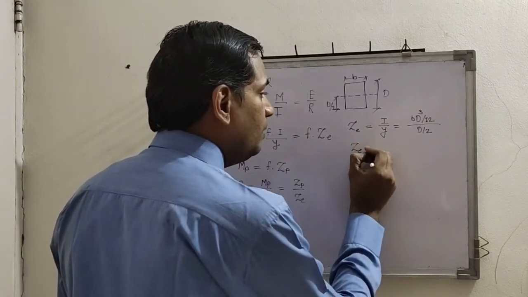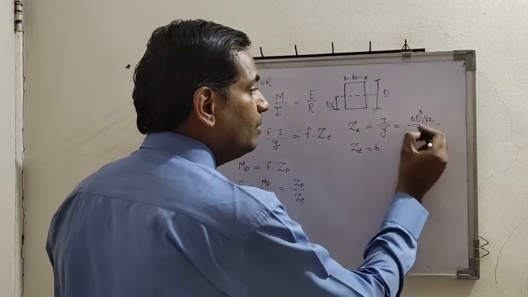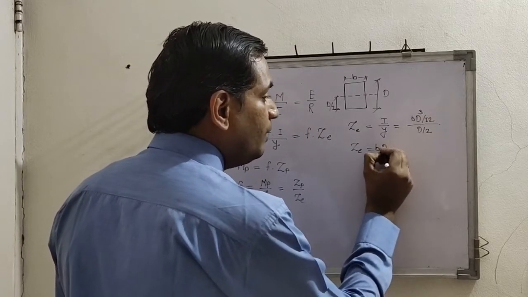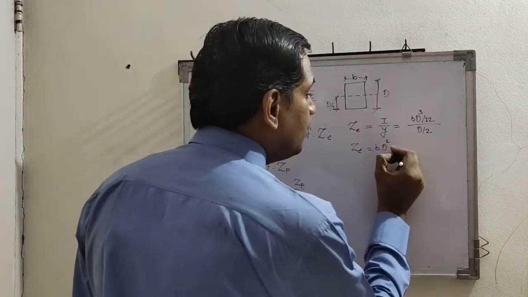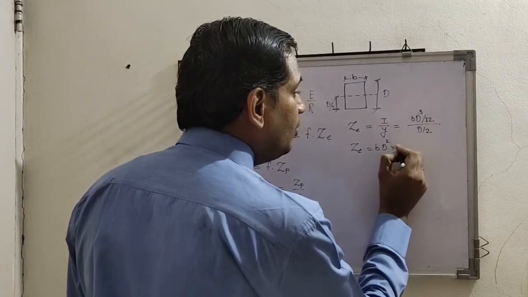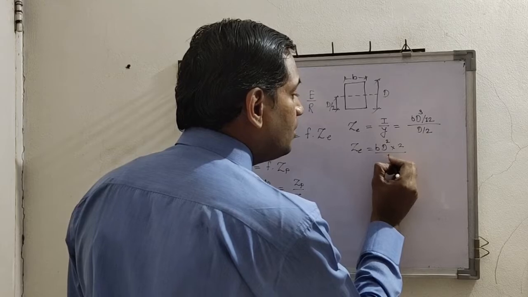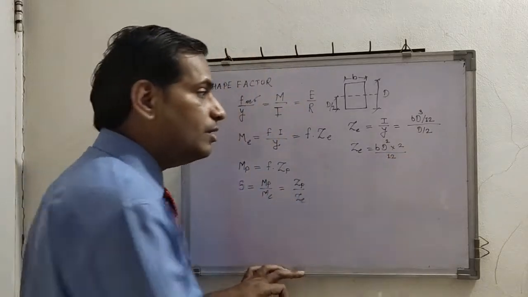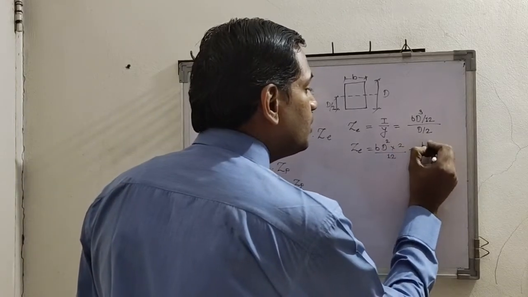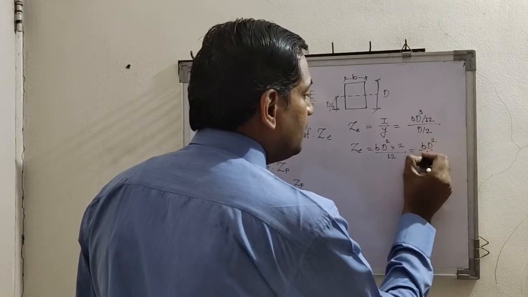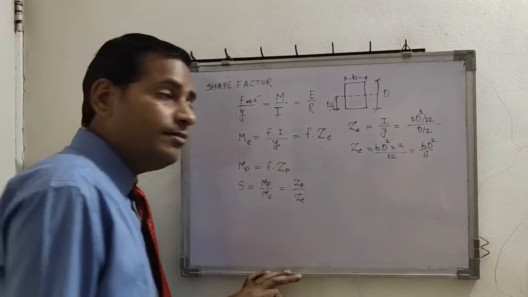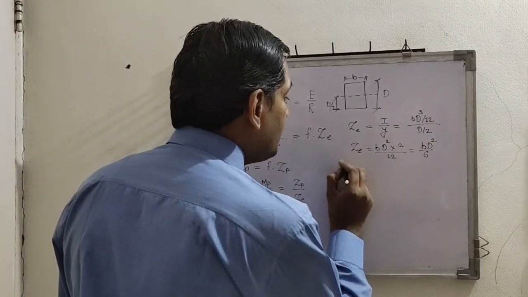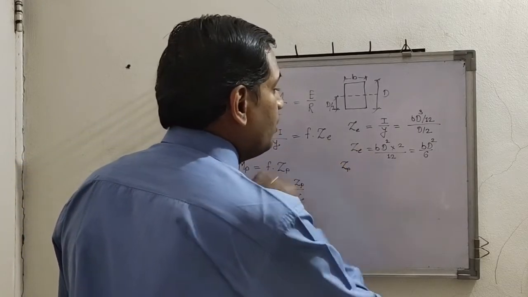ZE is equal to b into, one power of D gets reduced, so D square, into 2 in the numerator, with 12 in the denominator. So this is bD square upon 6. This is simple. That is ZE.